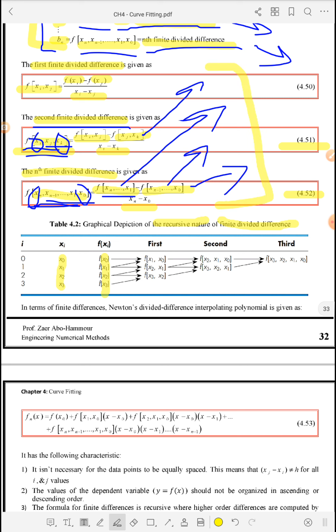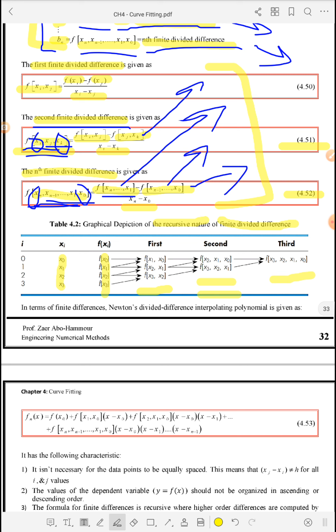So we cannot find, for example, the third divided difference without the calculation of the second divided difference, and we cannot calculate the second without the first. So we should proceed from the first and calculate all of them, then the second, calculate all of them, then the third, till we reach the final order of the divided difference, which is equal to the number of data points minus 1.